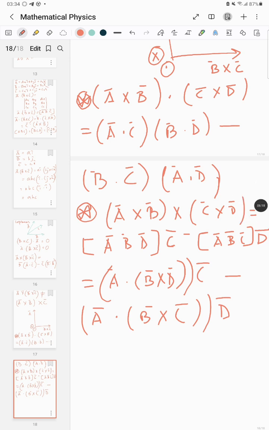Now let us do some sums. Question number 1.